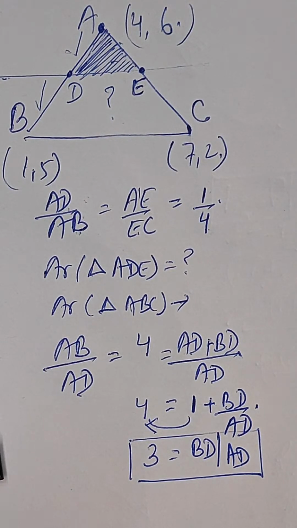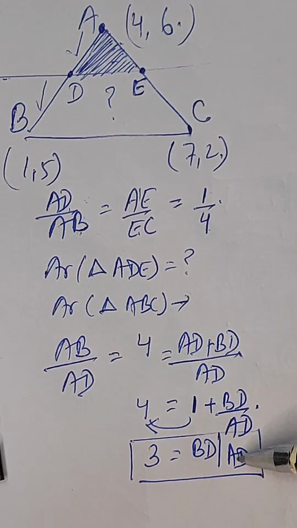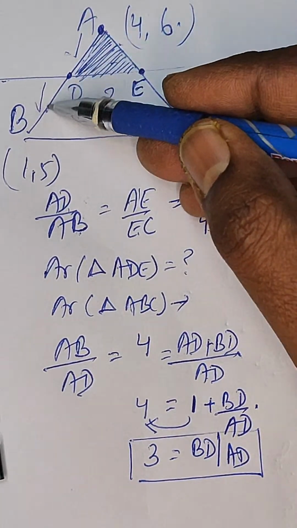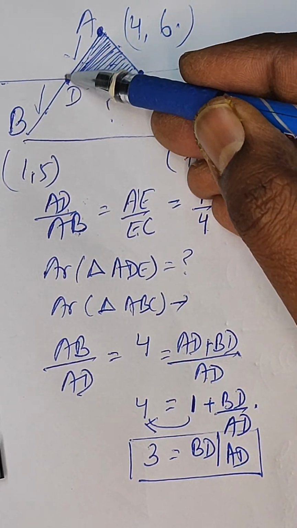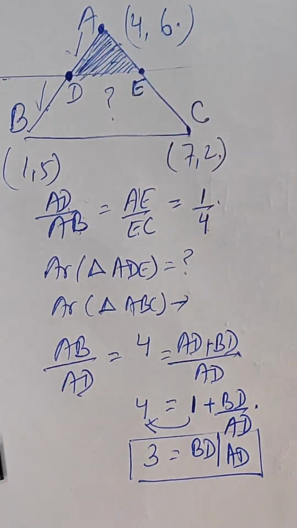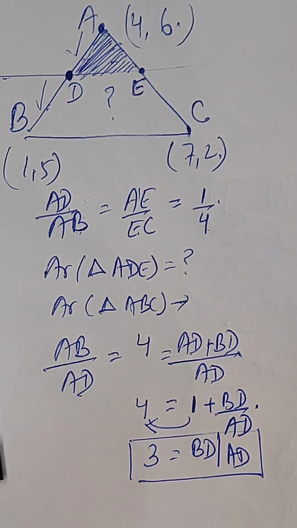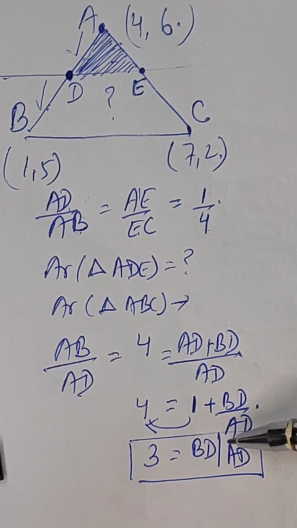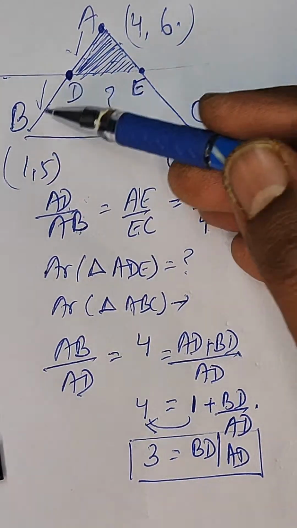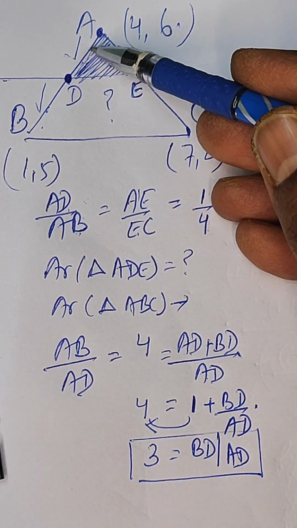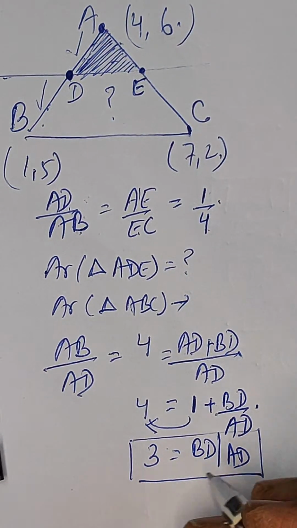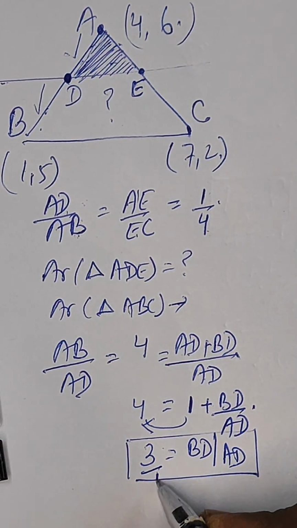So we can say that, yes, we have calculated these two separate forms because we are going to apply the section formula. We can see that BD to AD is 3, or we can say 3 is to 1.